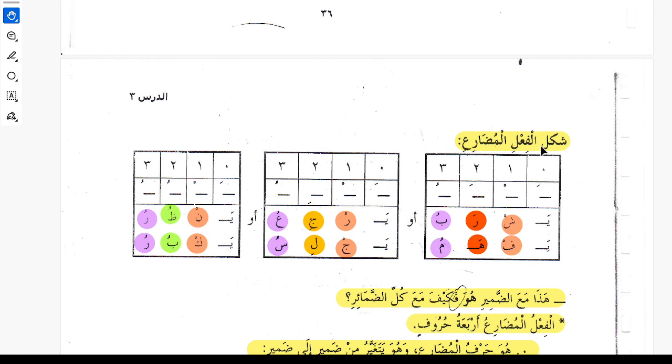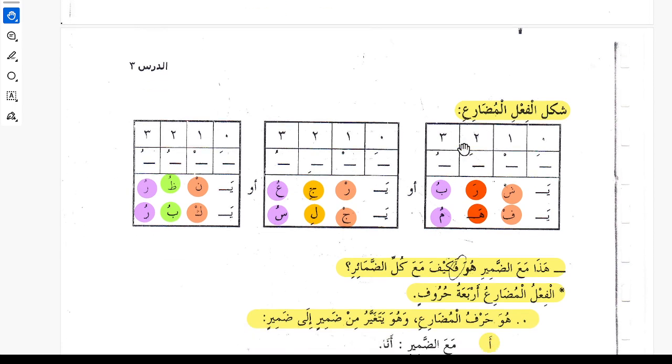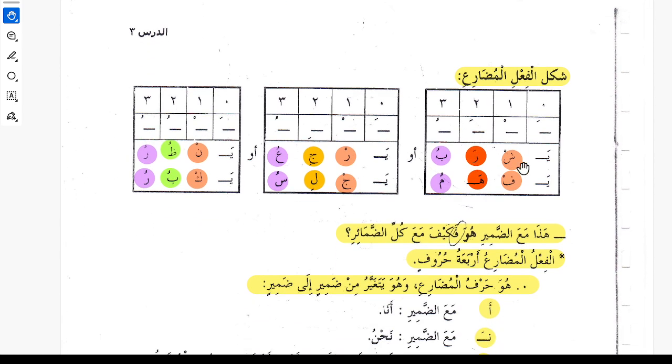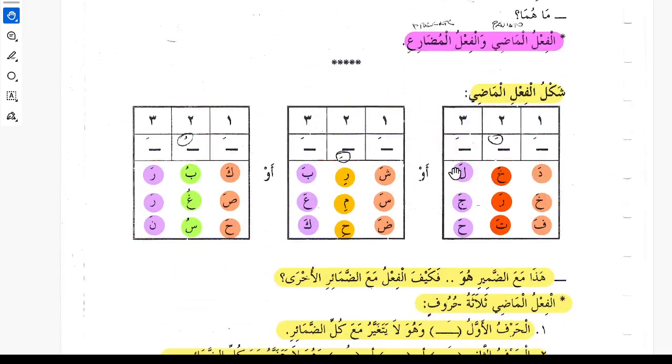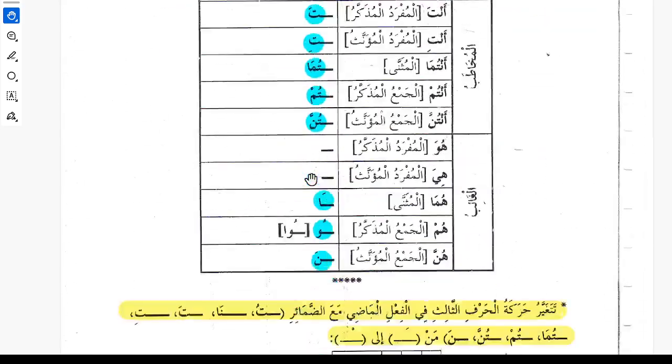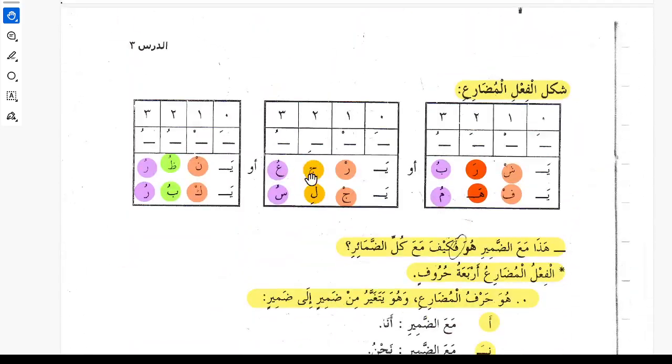For present tense, shaklul fe'lul mudare. So for example, shariba, this is the one. In the past tense, he drank. In the present tense, it changes to yashrabu, he drinks. Fahima, he understood. Yafhamu, he understands.